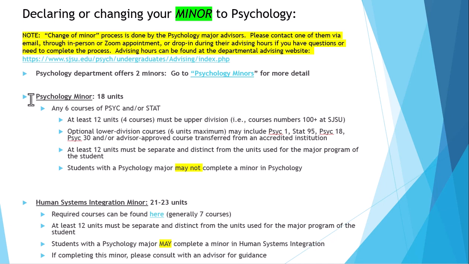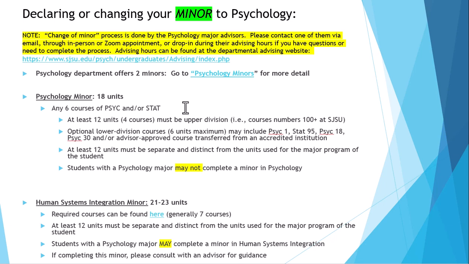Okay, so our psychology minor, the general one that we offer, is a total of 18 units, which means that you can complete any 6 courses of psychology and/or statistics. From those 6 courses, at least 4 have to be upper division courses.